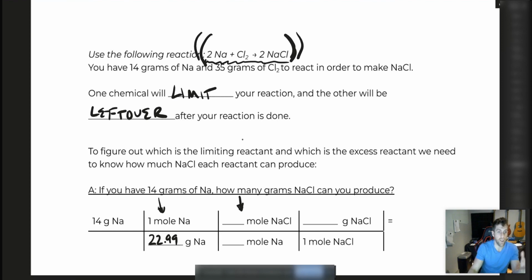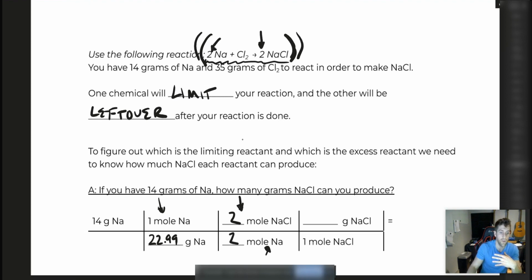That is our formula: 2Na plus Cl2 produces 2 coefficient, or moles, of sodium chloride. So our molar ratio right here, the moles of NaCl, is actually 2 because of this 2 here. And I'm sure we remember that from our previous lessons. And our moles of sodium, if we look right here, that's also 2.